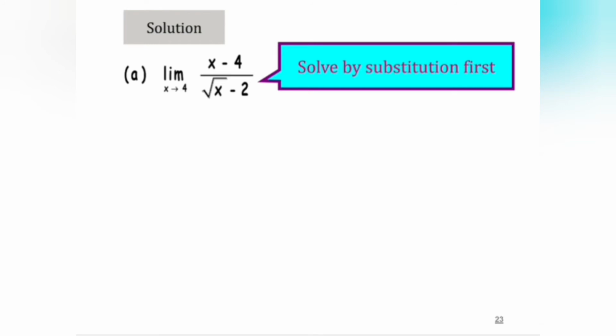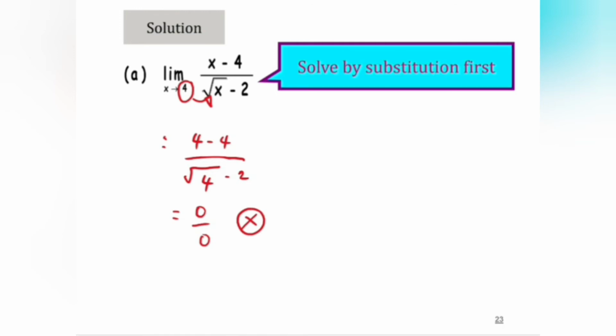We can try to substitute the value of x into the function first, and here you can see that you will get (4 minus 4) over (square root of 4 minus 2), which is 0 over 0, which means we can't solve the question directly. Since this question has a square root form, we have to use the multiplication of conjugates method.